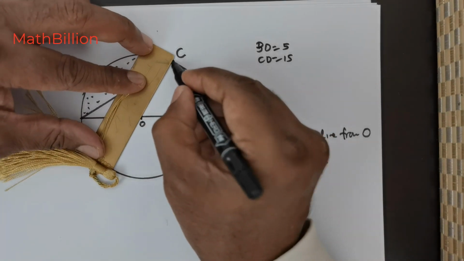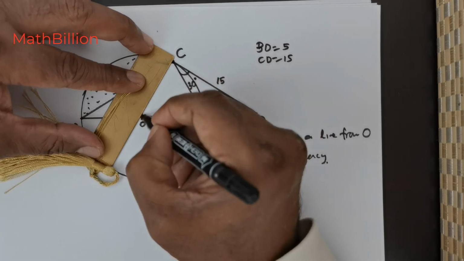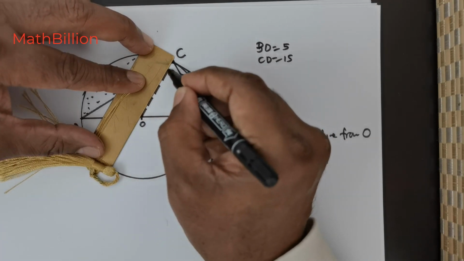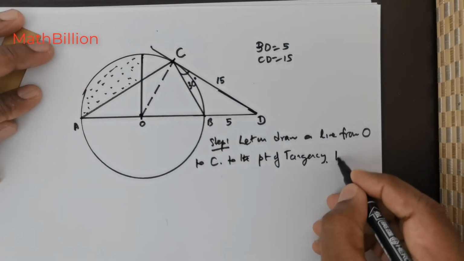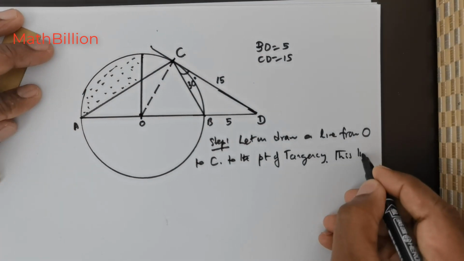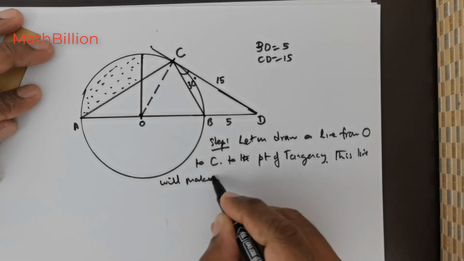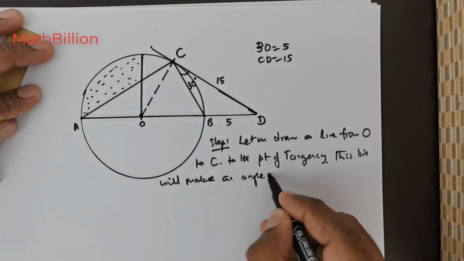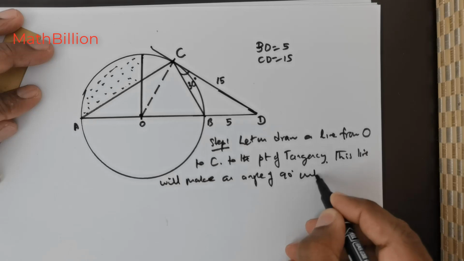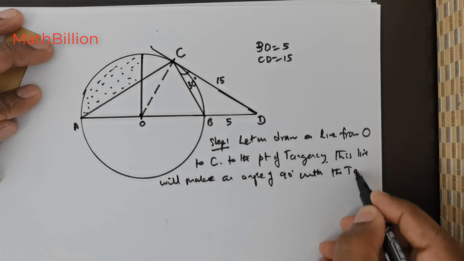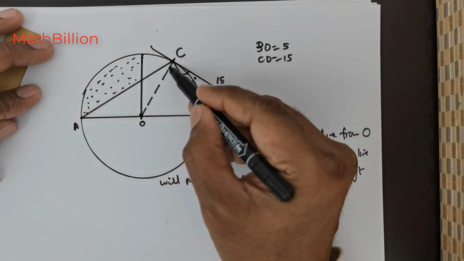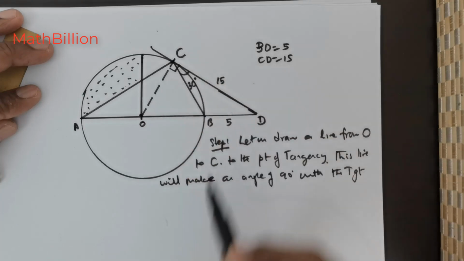So this is the point of tangency, so I am drawing a line. So let me draw a dashed line. This line will make an angle of 90 degrees with the tangent. So this angle is 90 degrees, right?